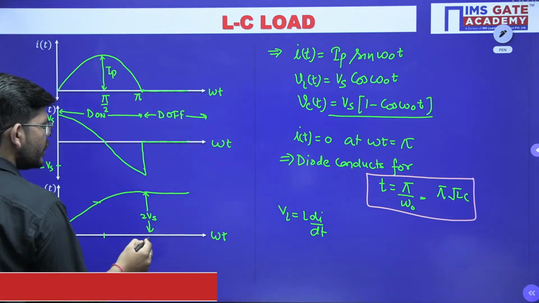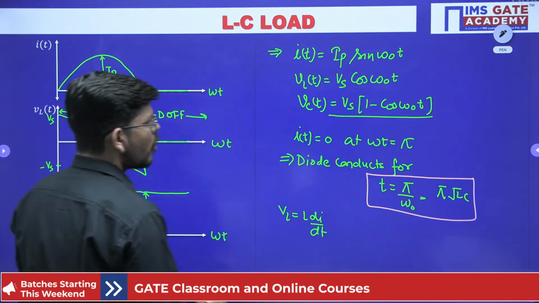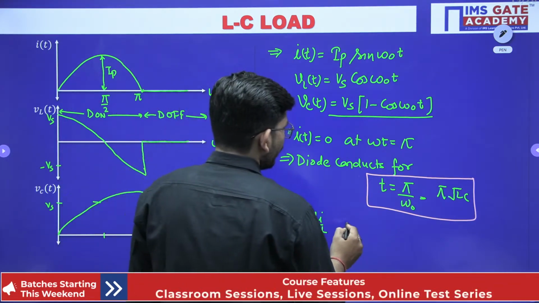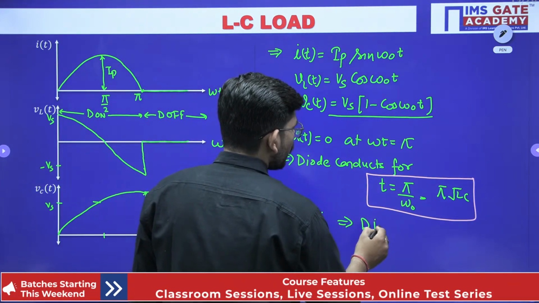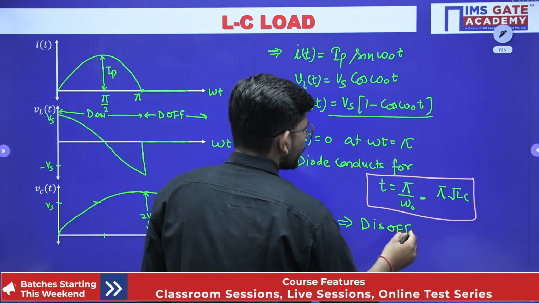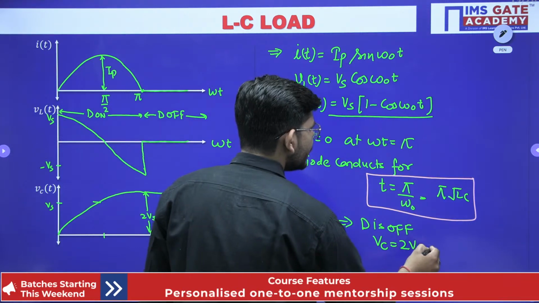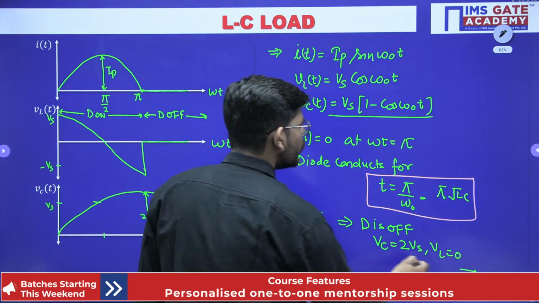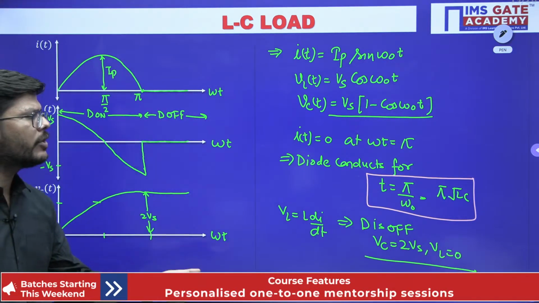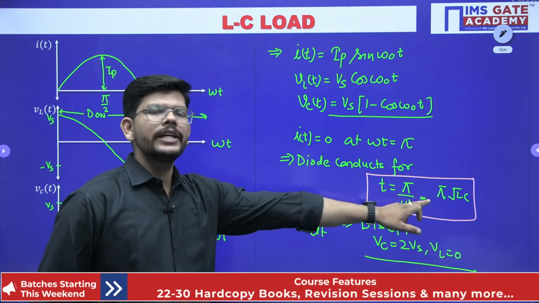When the diode is off, the capacitor voltage is basically 2 Vs. What is the inductor voltage? This is basically equal to 0. And the duration for which the diode conducts is pi times the square root of LC.